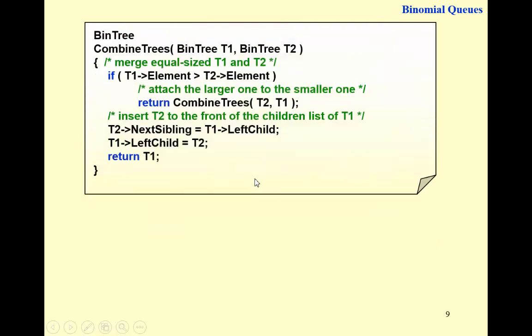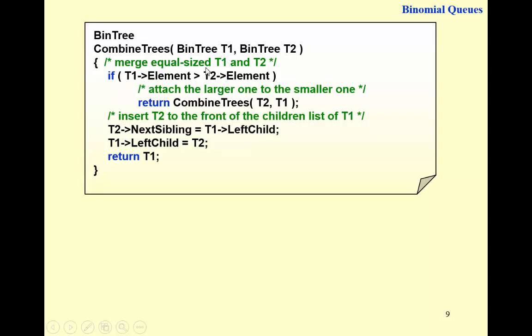The first one, the simple one, combine trees. That is to merge two equal sized trees into one. It's quite simple and straightforward. The first step is merely to make sure that when we really do merging, T1 is the one that contains the smaller root.